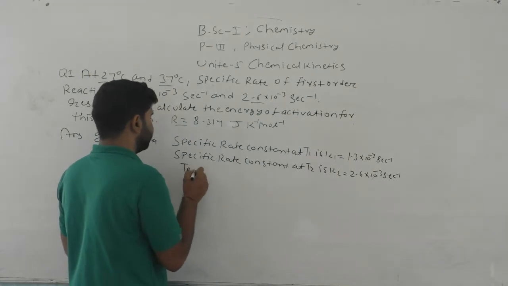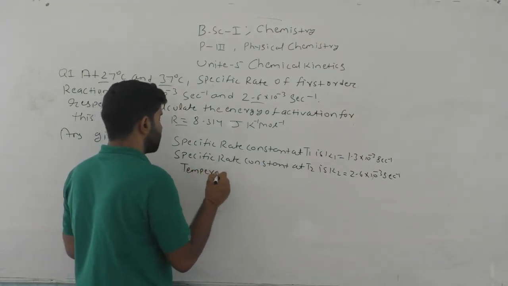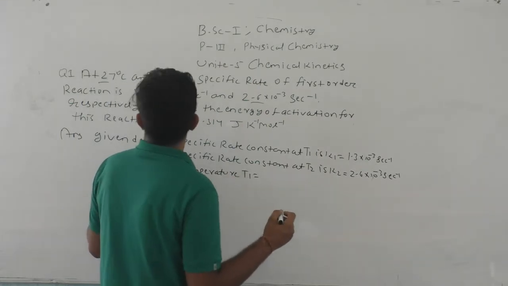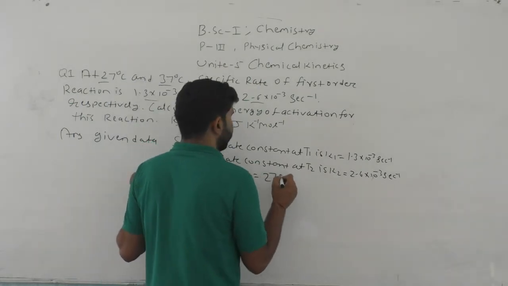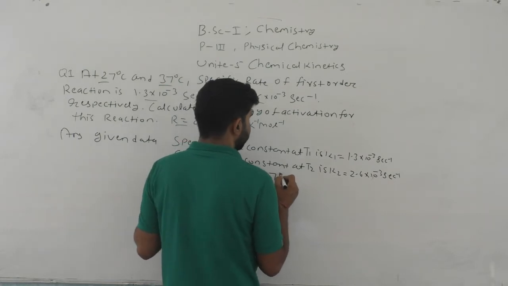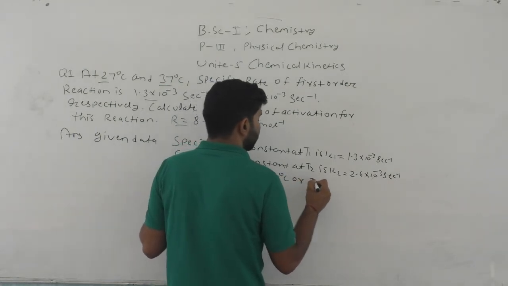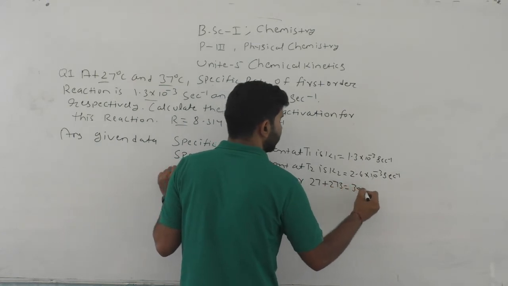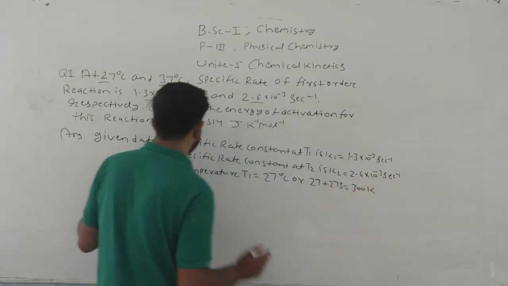Temperature T1 is 27 degrees centigrade, or 27 plus 273 equals 300 Kelvin.